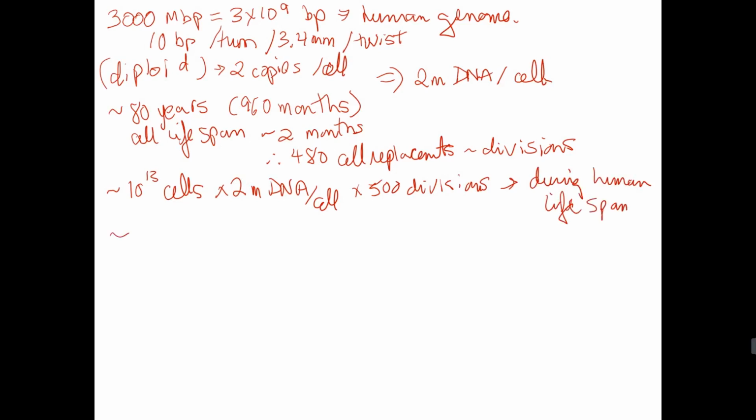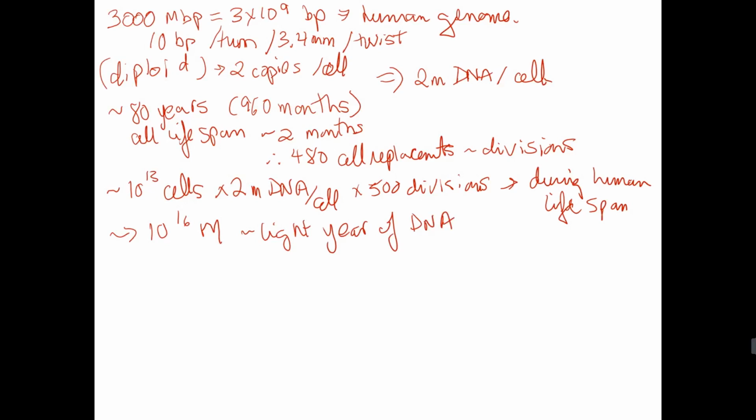So that approximately equates to about 10 to the 16 meters. So what is 10 to the 16 meters? Does anybody know? It's actually a light year. So a light year of DNA during a lifetime, so that is pretty substantial, right? And that's a big problem.